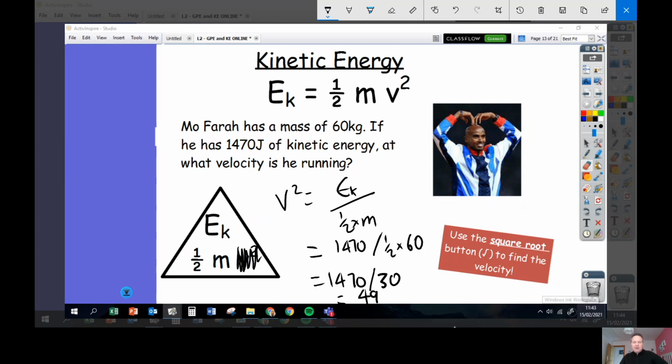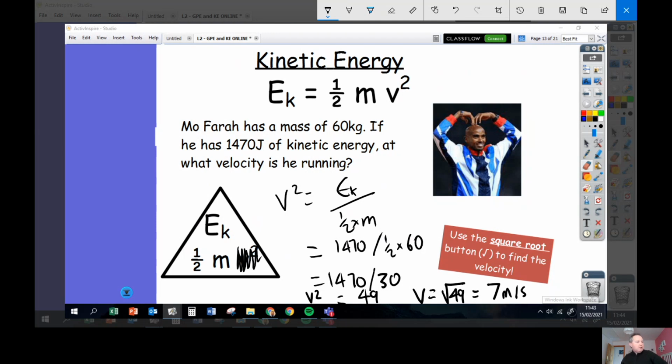But don't forget, to find v, I said I'd have to get the square root of the answer. So v squared equals 49. So v is the square root of 49. And that's 7. It's a velocity, so it's in meters per second.